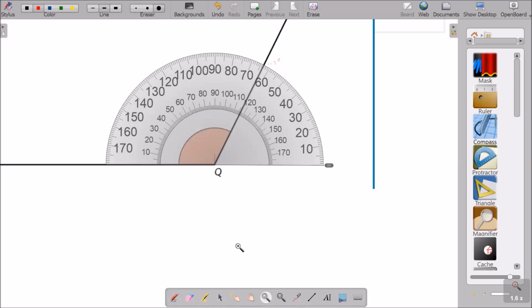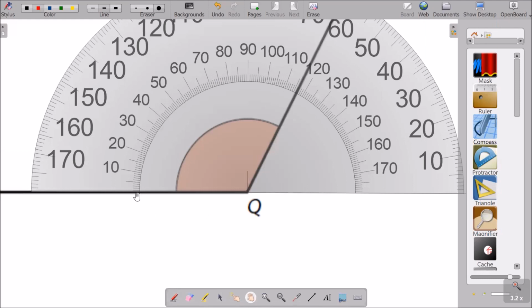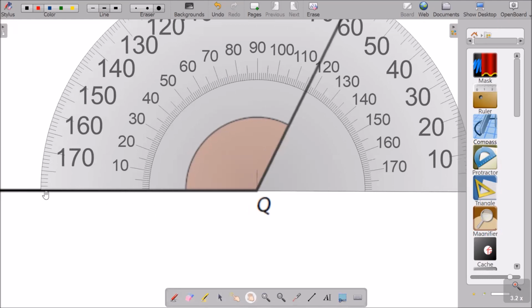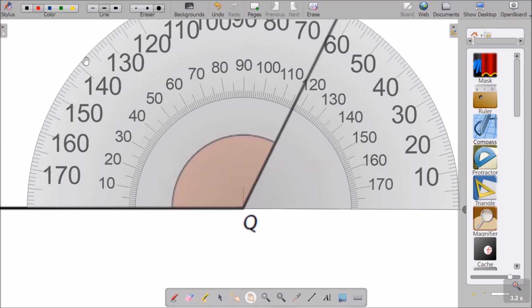Now we can measure this angle. So which scale should we use here? We should use the one starting from 0 on this line, because this one is ending at 180 there. So 0, 10, 20, 30, and we go around like that. We can see our angle is here.